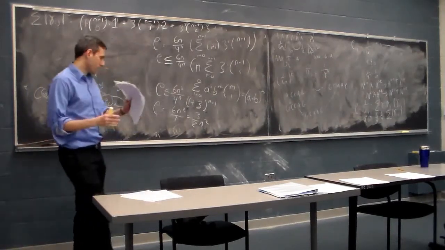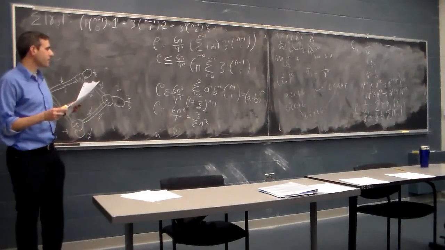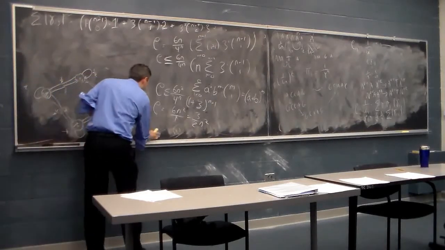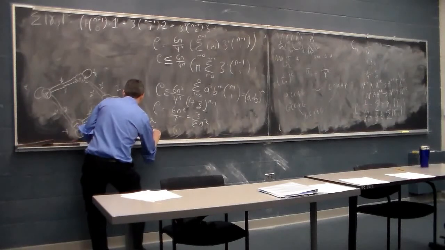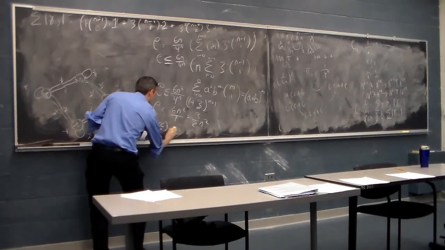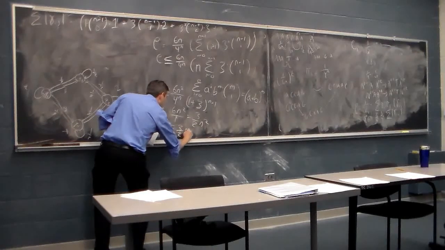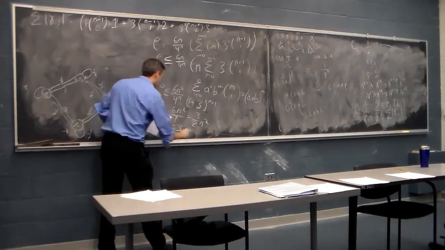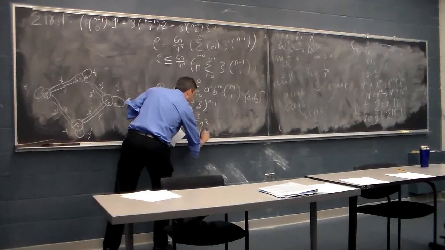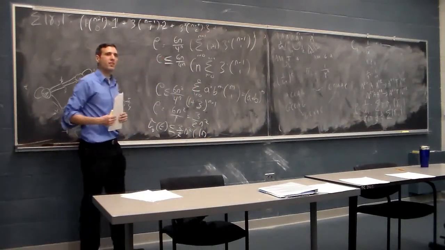Okay, and that pretty much brings us to where we need to be to get a mixing time proof. This tells us that tau sub q of epsilon is going to be less than or equal to 3/2 n squared, so that's rho, times the log of pi I inverse.